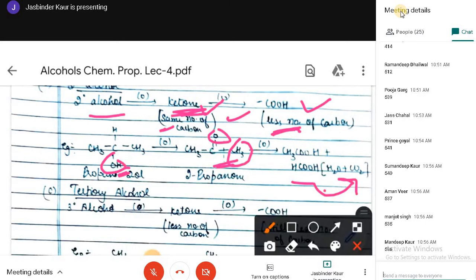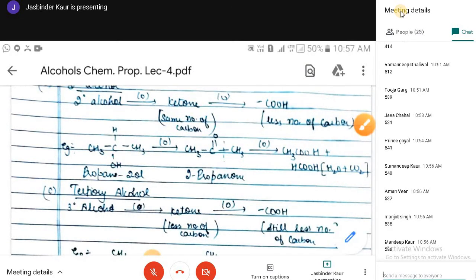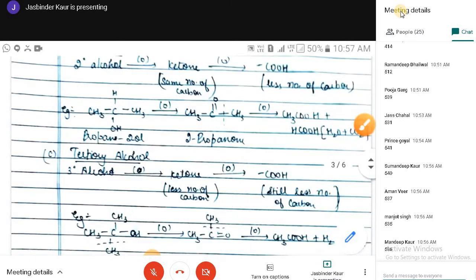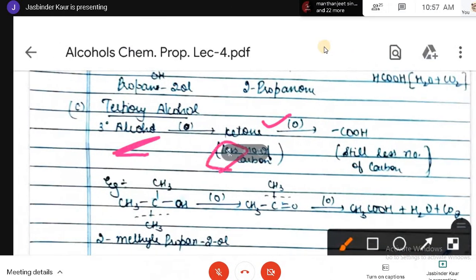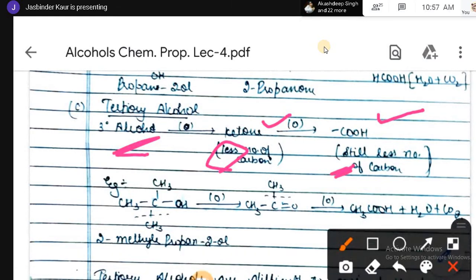So secondary alcohols give ketones with the same number of carbon atoms, but carboxylic acids with less number of carbon atoms. And similarly, in tertiary alcohols, first ketones are formed with less number of carbon atoms, then carboxylic acids are formed, with still less number of carbon atoms. In tertiary alcohols, carbon atoms are reduced in every step.